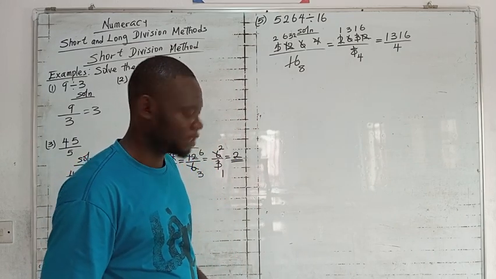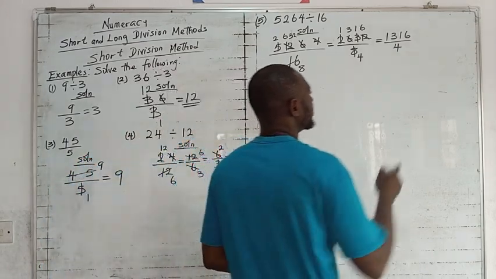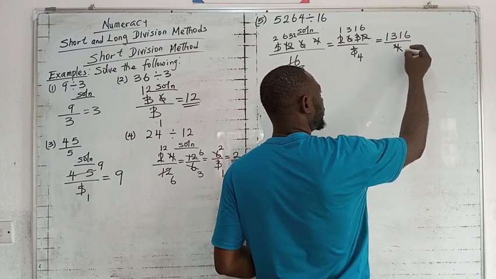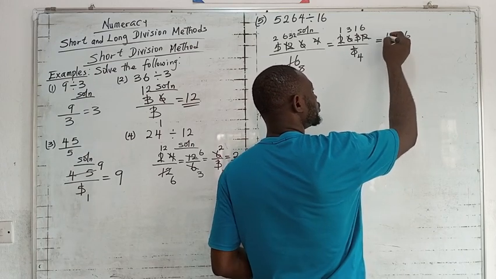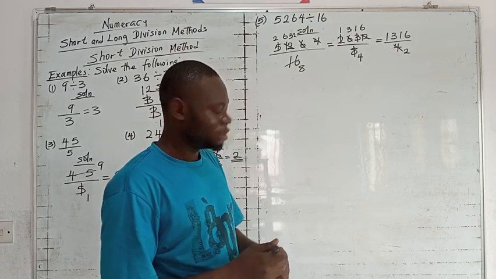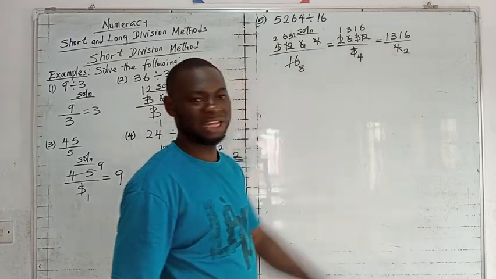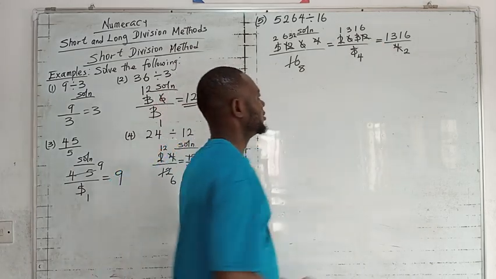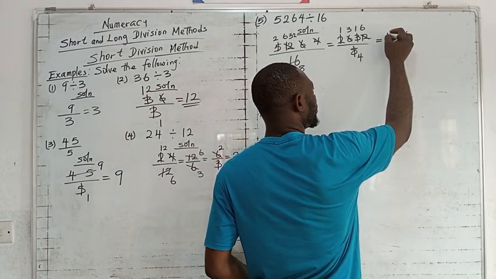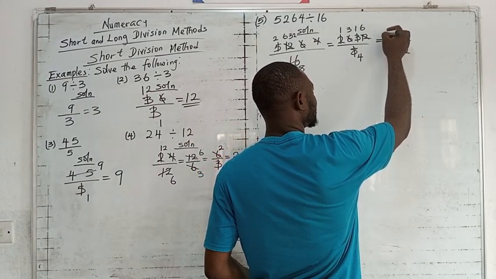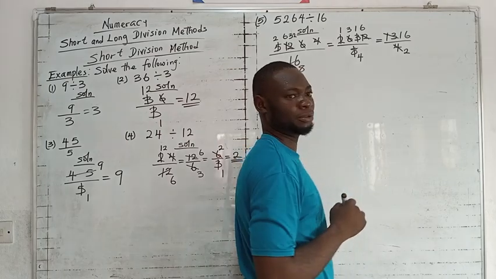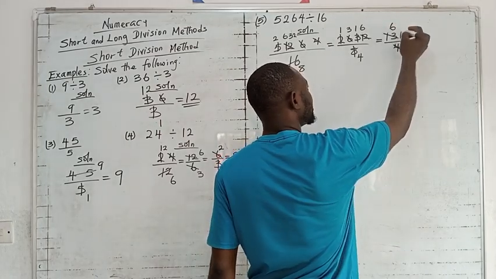We use 2 again. Alright? 2 into 4, 2. 2 into 1, can it go? No, because 1 is less than 2 that is dividing. So we join 1 and 3 together to have 13. 2 into 13 now is 6 remainder 1.